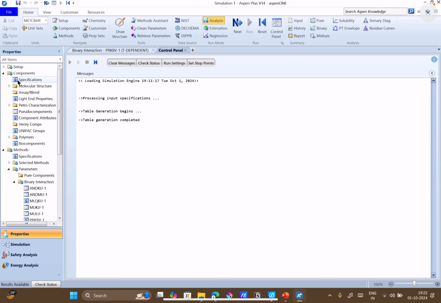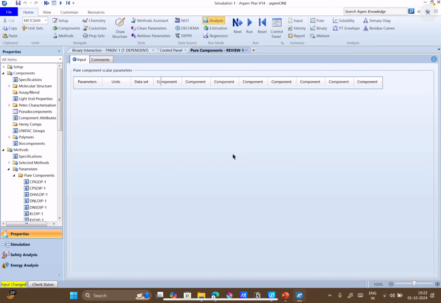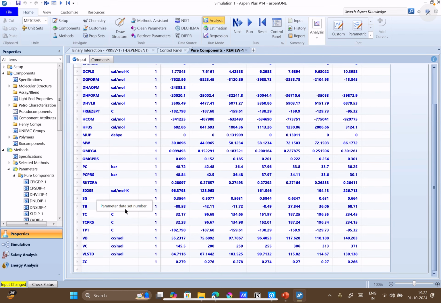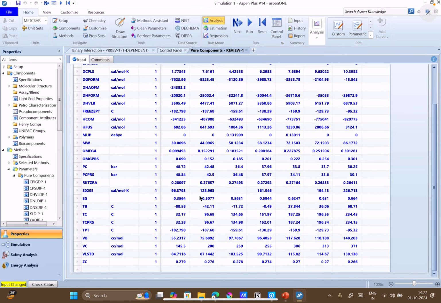If you want to check out the normal boiling points, you can use this review part where you will find various properties of all the components that you have selected. As we had seen, boiling point going from C2 to C6 should increase, right?